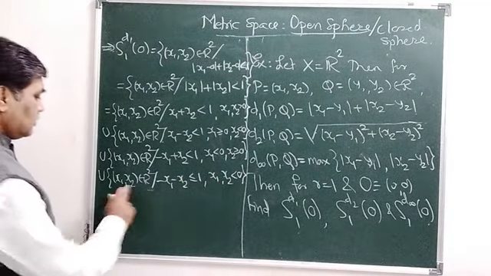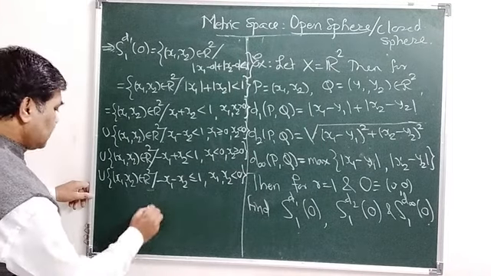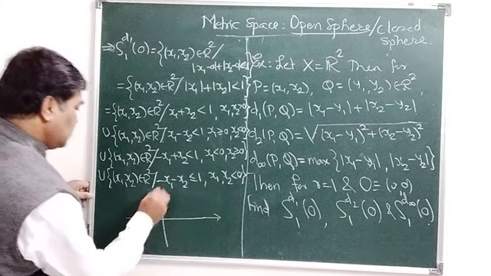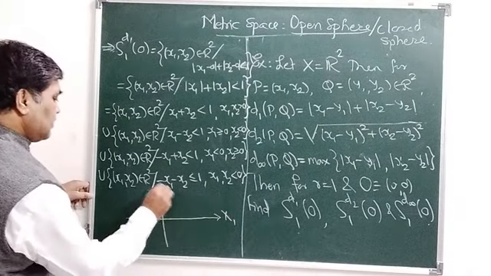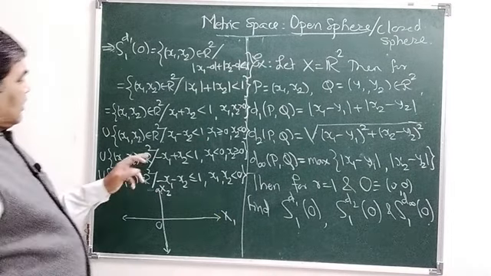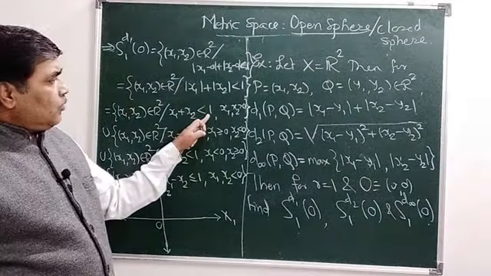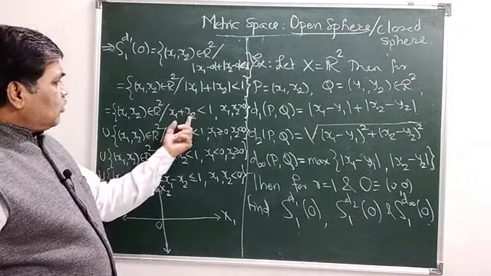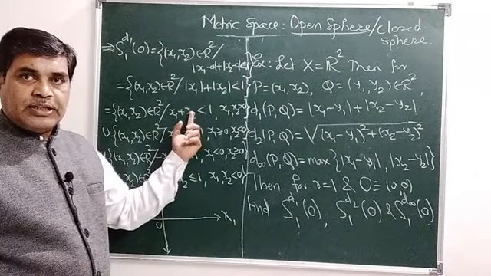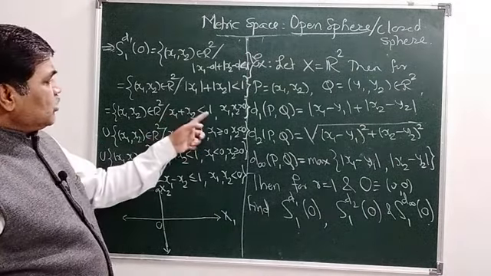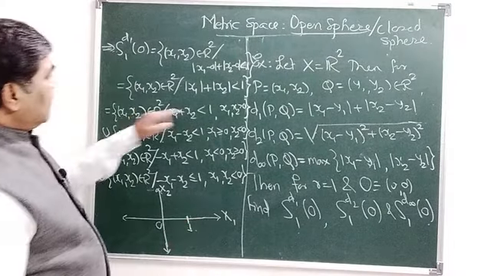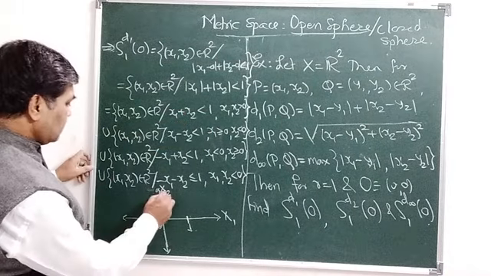Now we'll plot this. This is my x1 axis, this is my x2 axis, this is the origin. See first, x1 plus x2 less than 1. If I consider x1 plus x2 equal to 1, then it is the equation of a line in two variables x1 and x2 whose x1 intercept is 1 and x2 intercept is also 1.